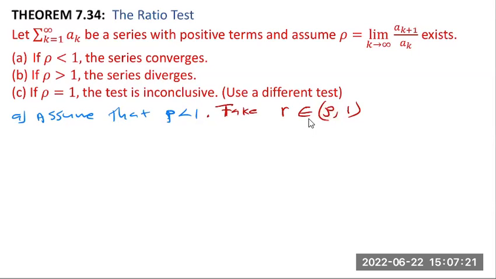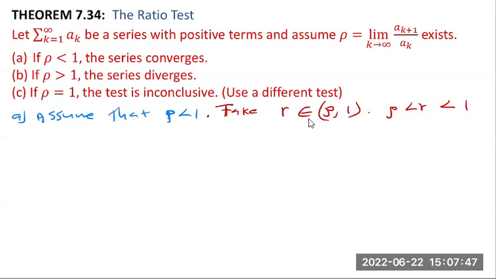That is something that we will need later. But for the time being, we can pick such an r. I'm going to pick any r fixed in this interval. Notice that r has to be strictly greater than rho and strictly less than 1, because I'm picking it inside this open interval.